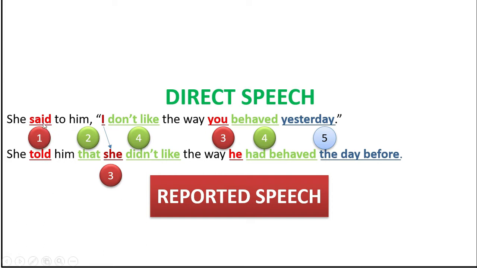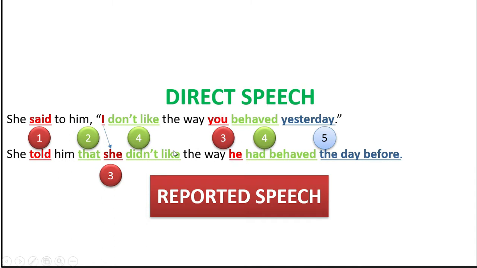The reporting verb said changes to told. That's change number one. And we use a conjunction to connect these two parts. That's change number two. And change number three is pronoun. I changes to she here. And again we have change number three here, because the pronoun you changes to he.